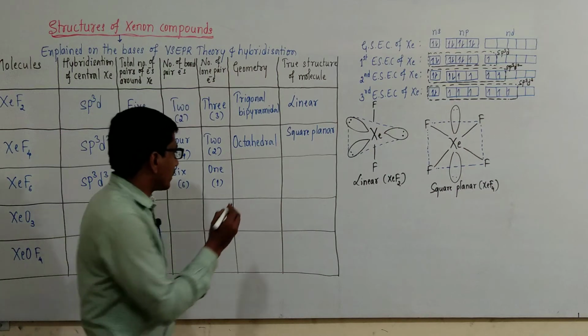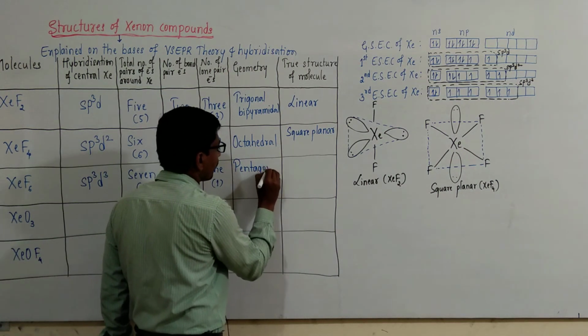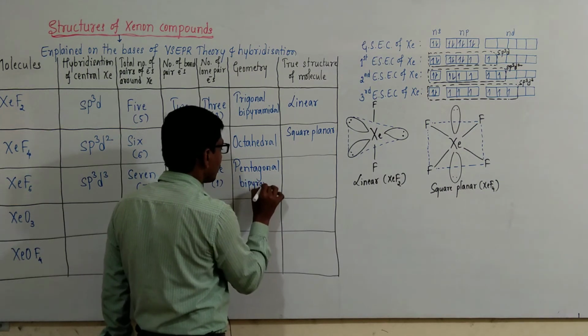pentagonal bipyramidal. Its geometry is pentagonal bipyramidal.